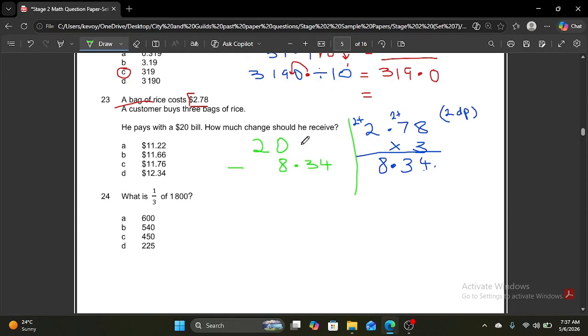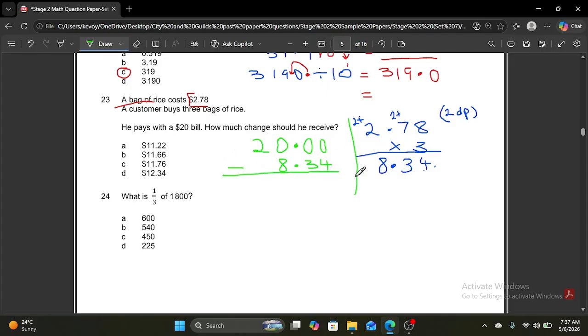For the $20, we can write this as a decimal number as well. So put a point, and because there's no number after the decimal point, we can put a placeholder 0 right there. So we can subtract.